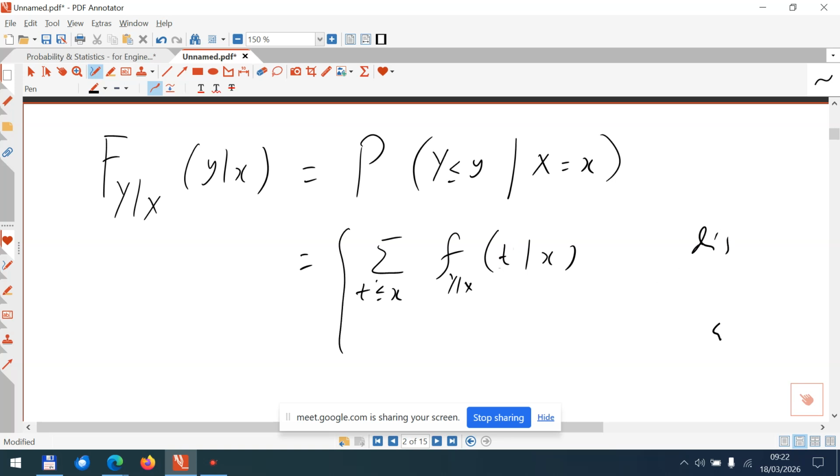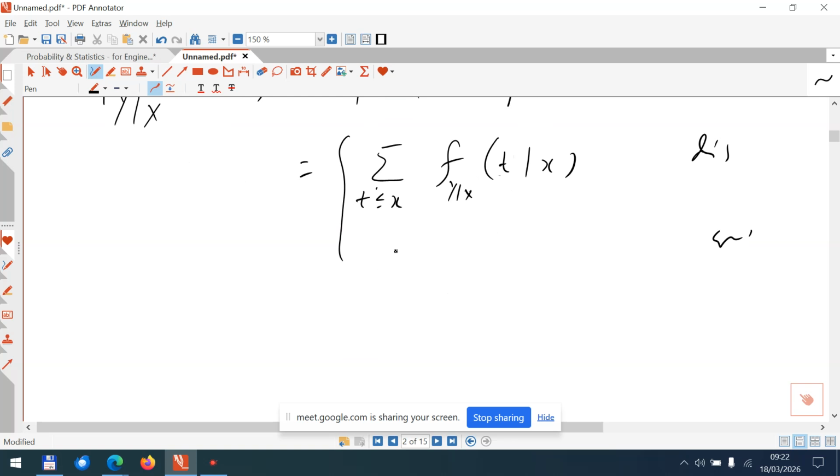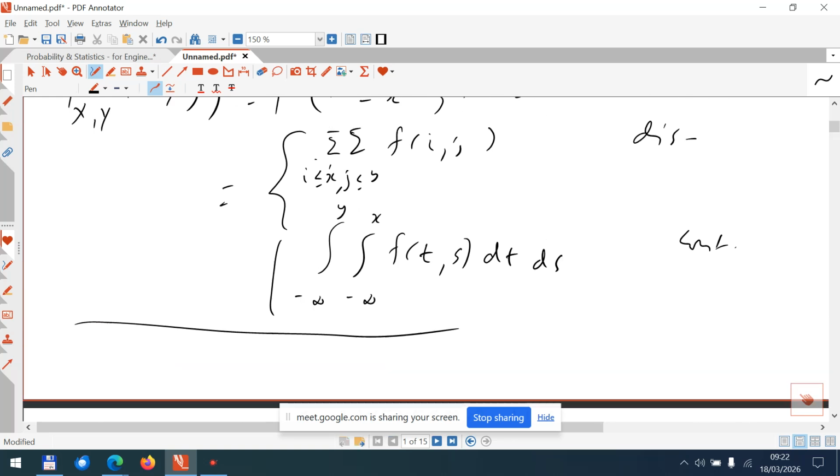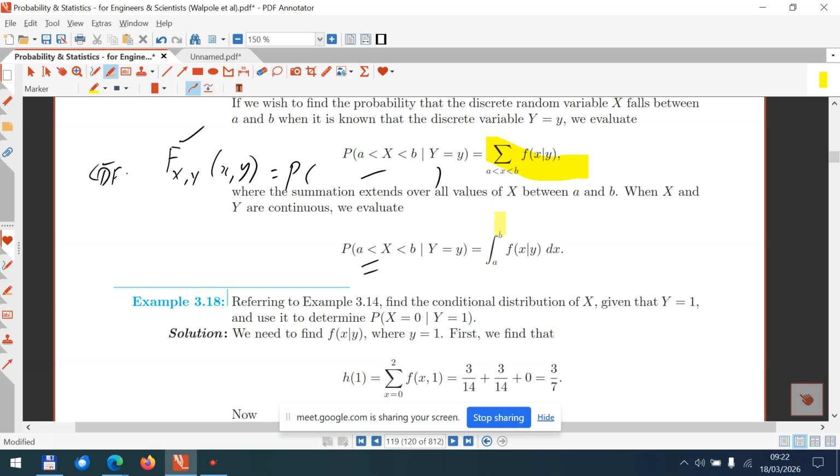That is for discrete, and for continuous it will be an integral of the conditional PDF. So f of t given x dt, and this is from minus infinity to x. So all these formulas look different, but they are all manifestations of this simple formula. This should tell you why conditional distribution will be useful.